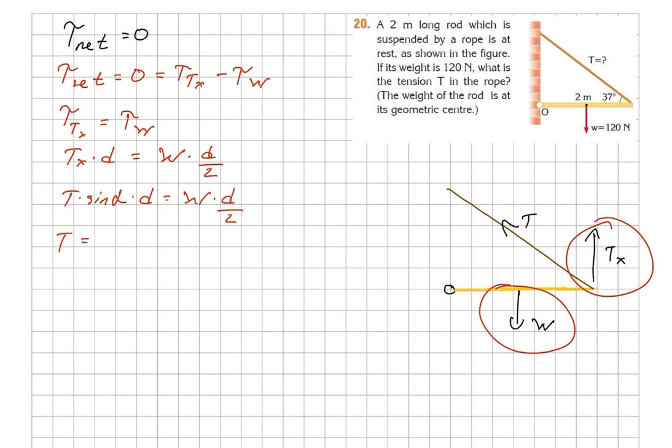So the tension is equal to, here we can cancel the D distances, weight over 2 times sine alpha, which is equal to 120 newtons over 2 times sine alpha, which should be 0.6. So it is equal to 100 newtons of tension.